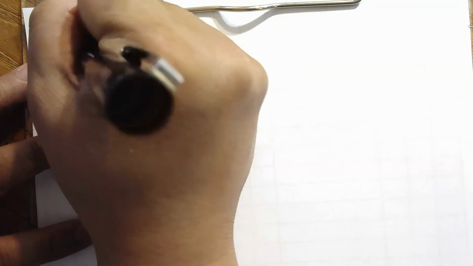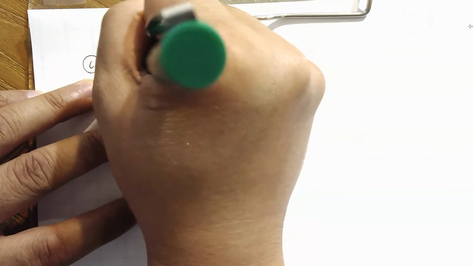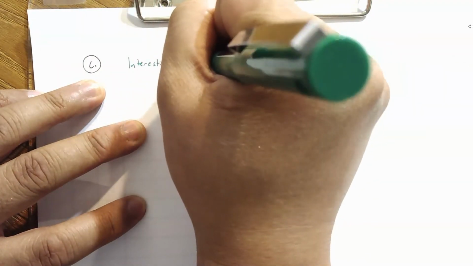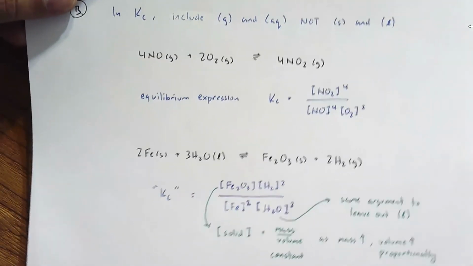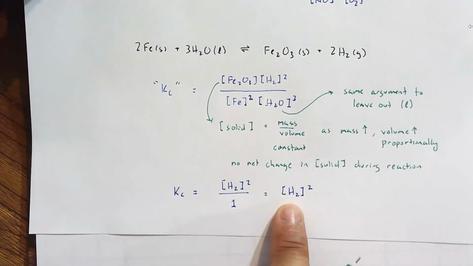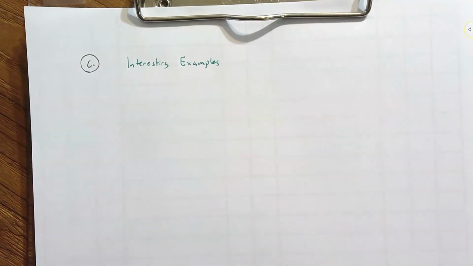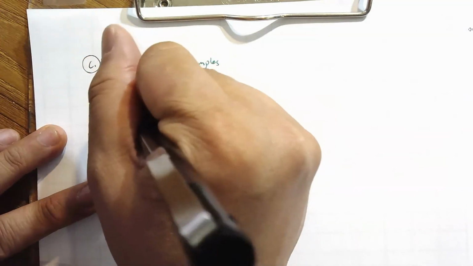Okay, let me show you some, I hope, interesting examples. But I don't know if anything is going to be more interesting than what we just did here, where everything except one component is left out. We have a denominator of 1. Let me try these.